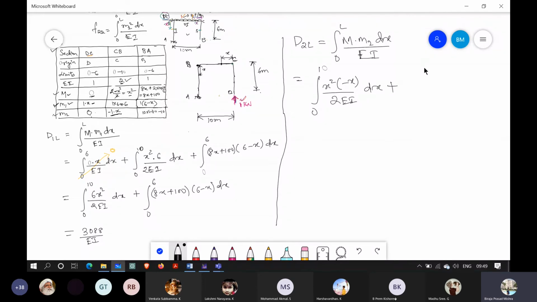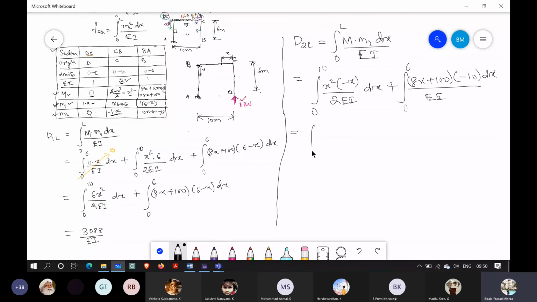plus integration 0 to 6, it is 8x plus 100 into minus 10 into dx by EI.